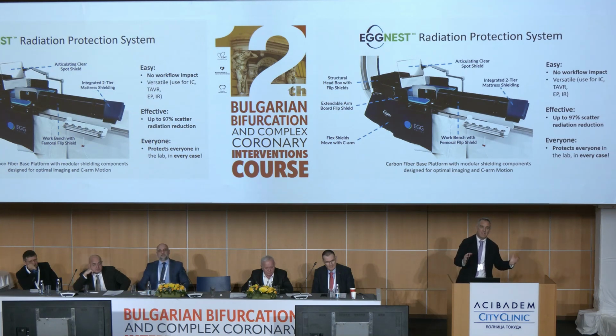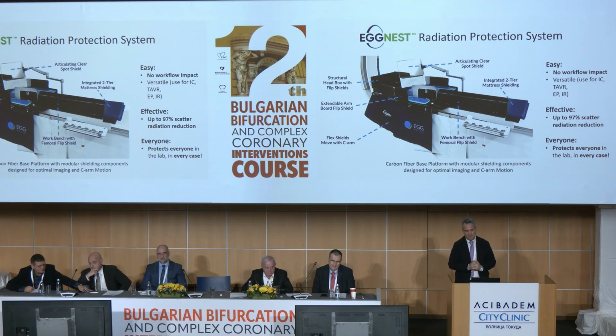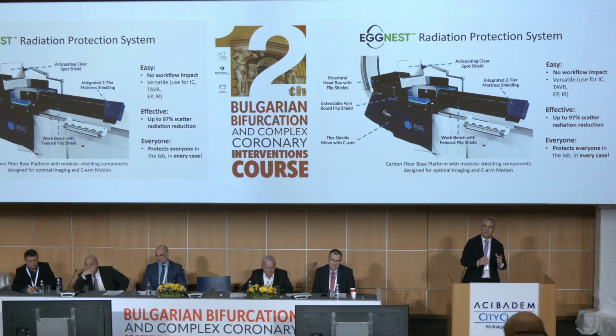It's really easy, so it has no workflow impact. It's versatile, you can use it for every procedure, and it reduces the radiation up to 97%, so it's not 100. And it protects everyone in every procedure.